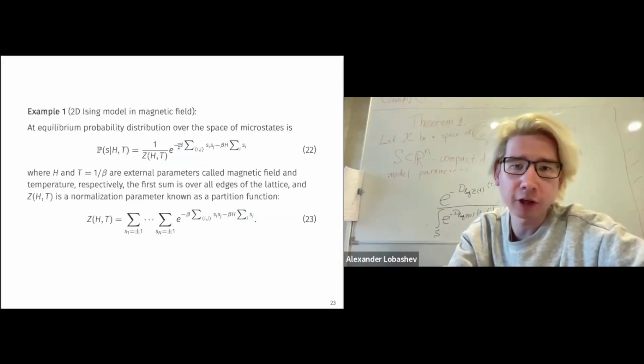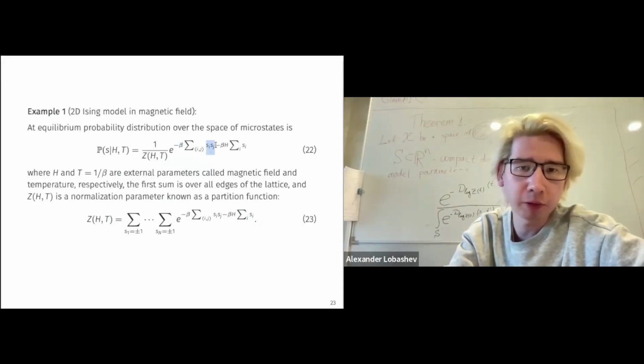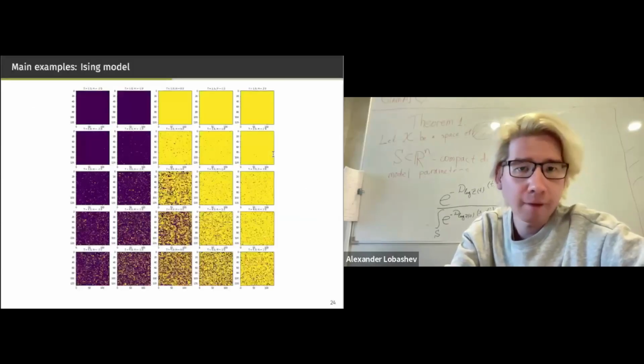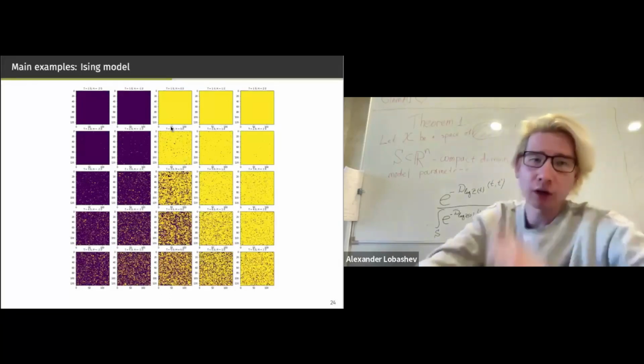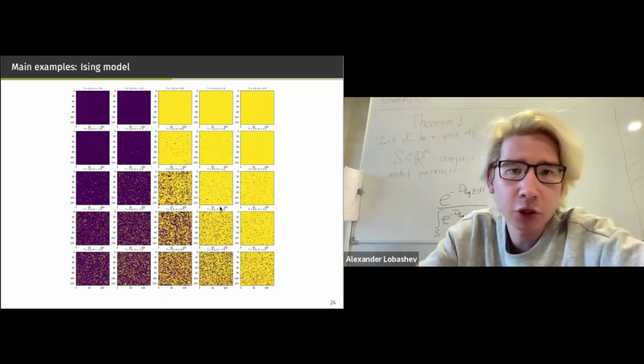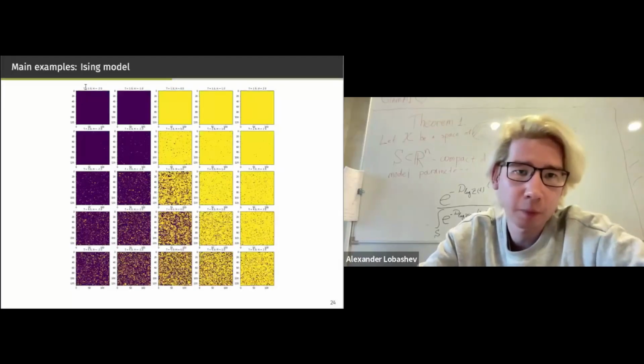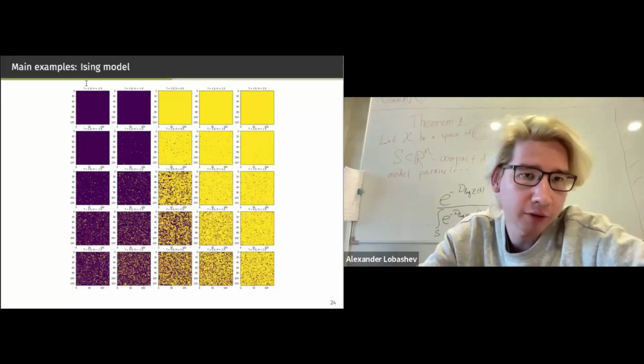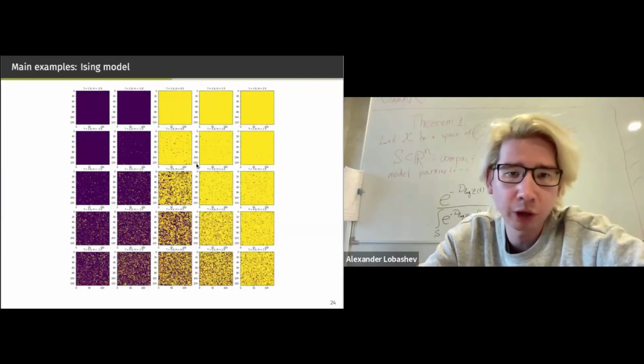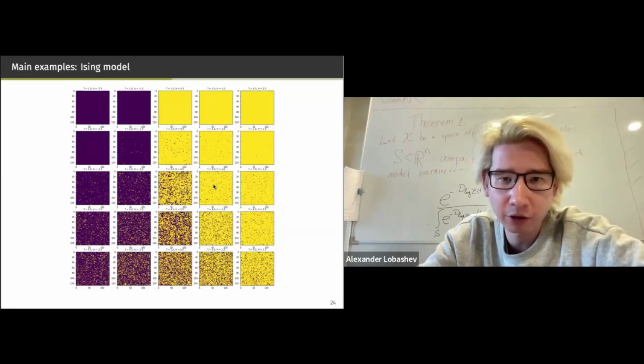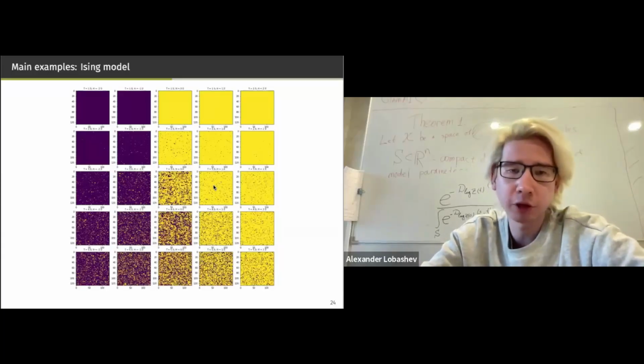The dependence is factorized, so we have just a sum of terms in which parameters are multiplied by a function of the microstate. Here I show images from this latent space. My latent space has coordinates temperature and magnetic field, and at every point of this two-dimensional square, we have corresponding samples in the high-dimensional space of microstates.